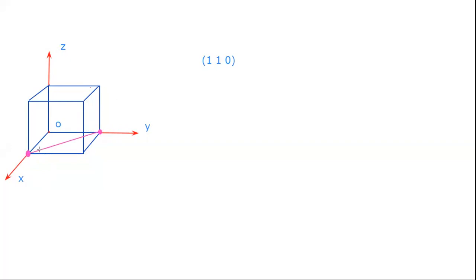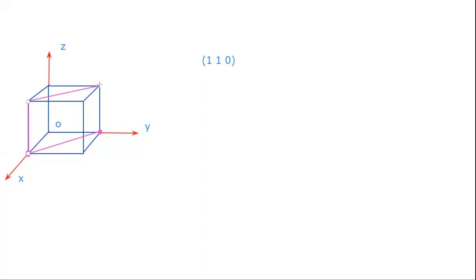Then the same line you have to draw in the opposite face. What is the opposite face of this particular line? That is the top face. So the same parallel line you have to draw in the opposite plane. So what is the parallel line in the opposite face? So this one.